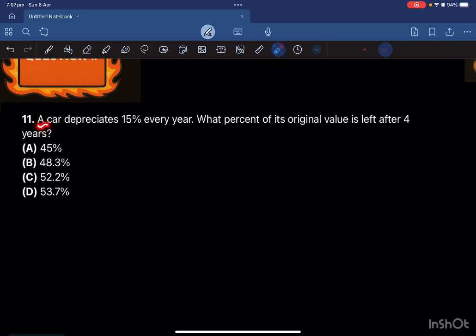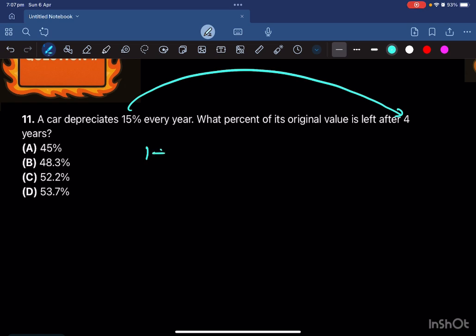If we look at it quite similarly, here we can multiply, because in 1 year it is 15%, so in 4 years 60%.